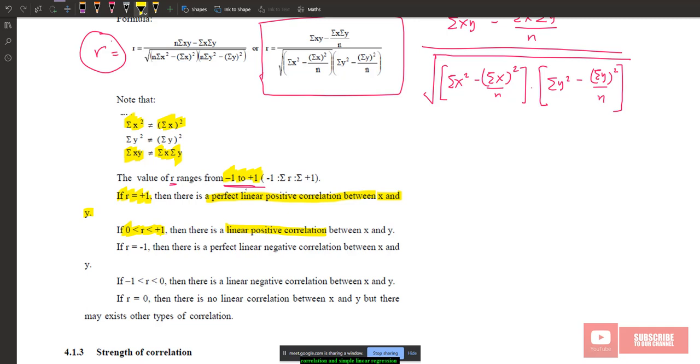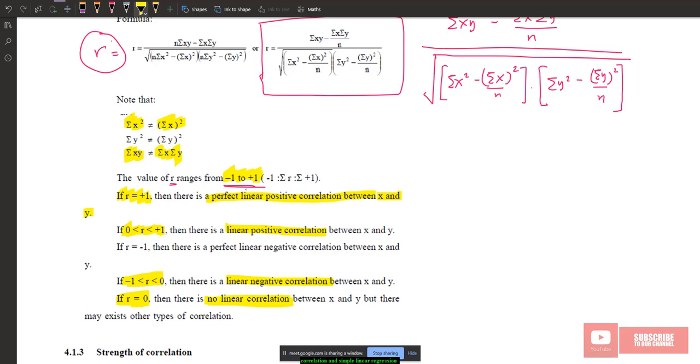When R is given a negative value, from -1 to 0, there is a linear negative correlation, right? When R is equal to 0, then we can say that there is no linear correlation.